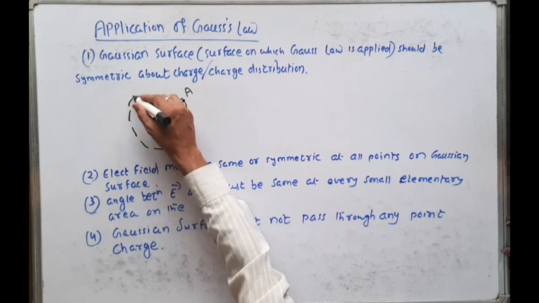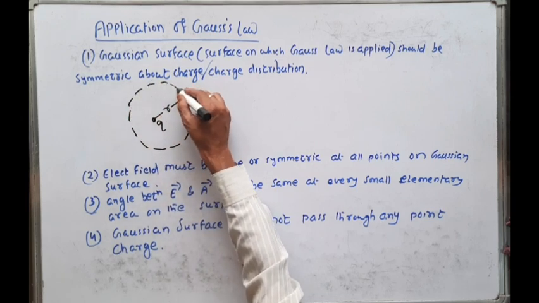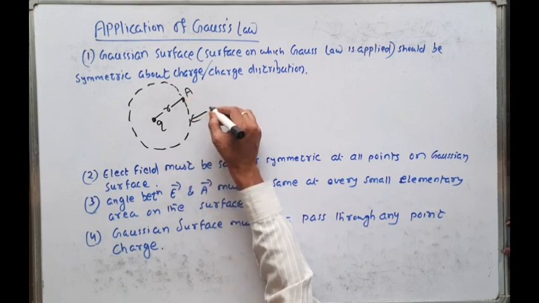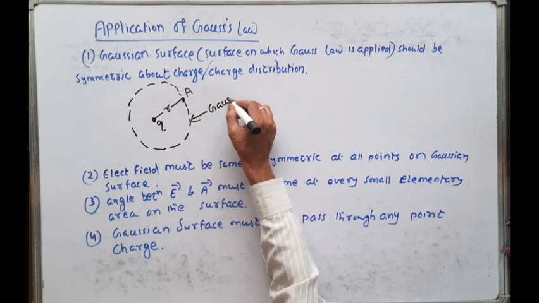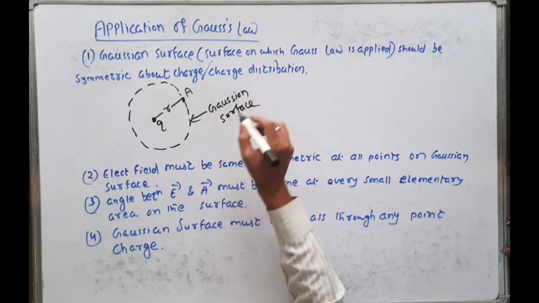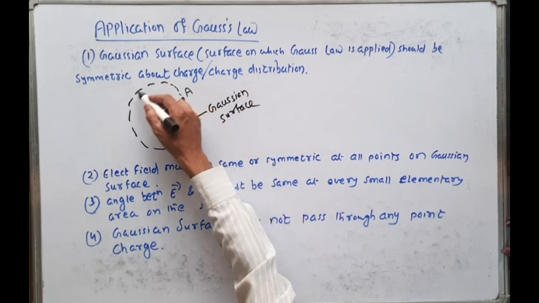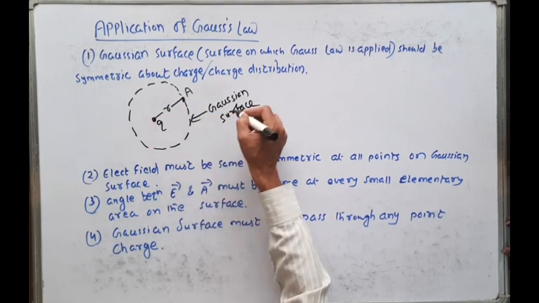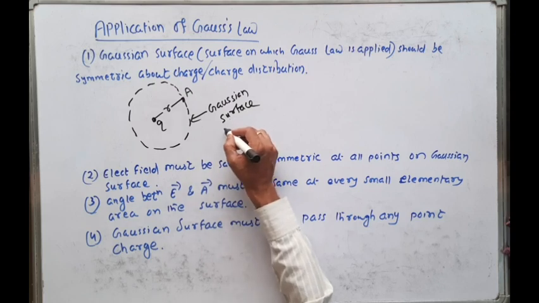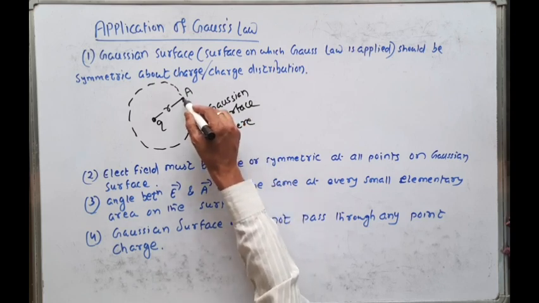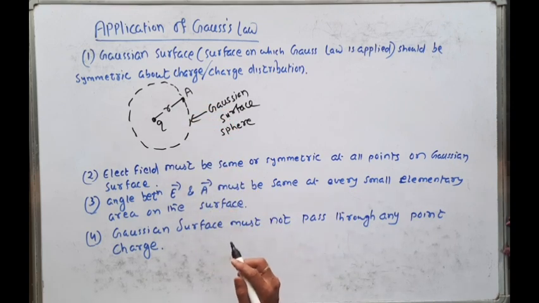This is an imaginary sphere. This surface is called the Gaussian surface, on which we will apply Gauss law. Clear? This is the closed surface, and our Gaussian surface is nothing but an imaginary sphere. That sphere is passing through the point A, where we have to find the electric field intensity.